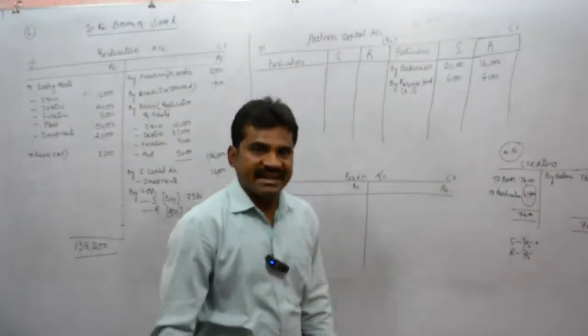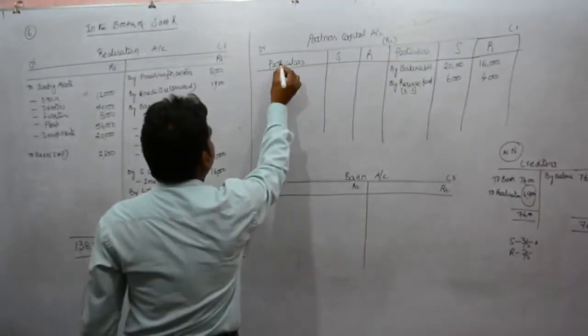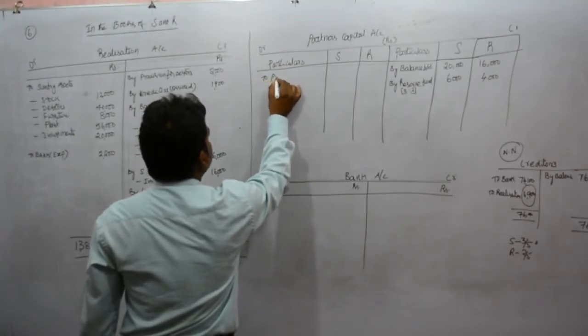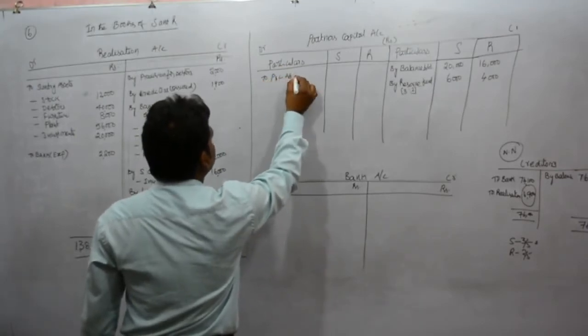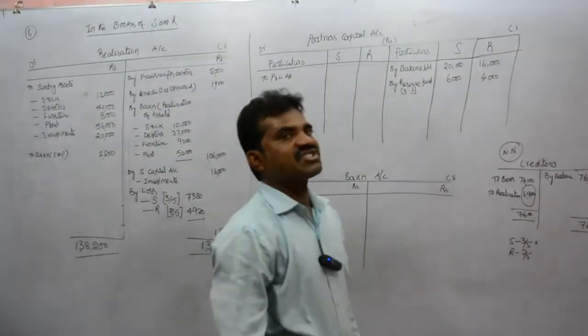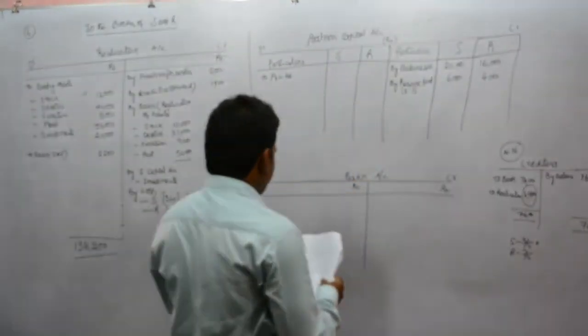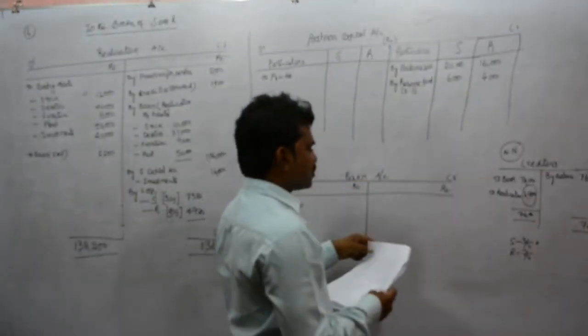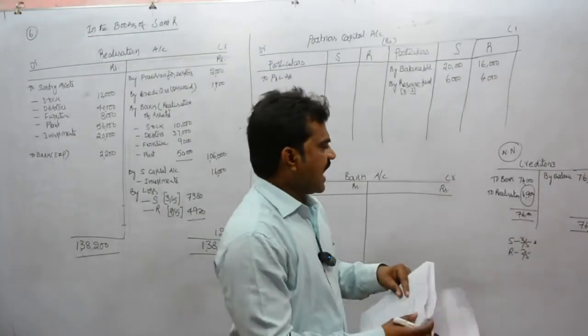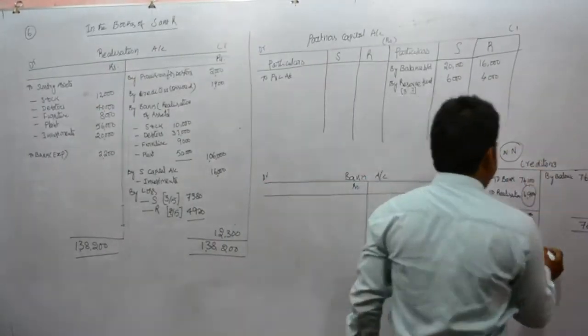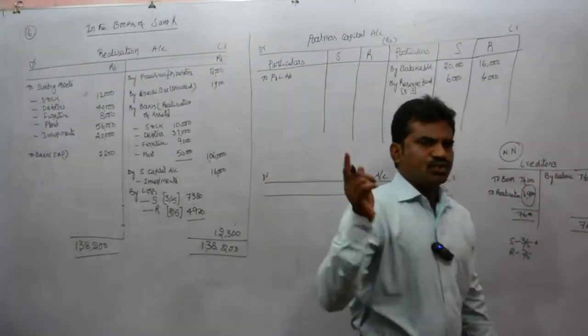Understand? And next, the P&L account debit balance. It is in asset side. That is, we have to distribute that 15,000 in 3:2. Calculate that 15,000, 3/5 and 2/5.